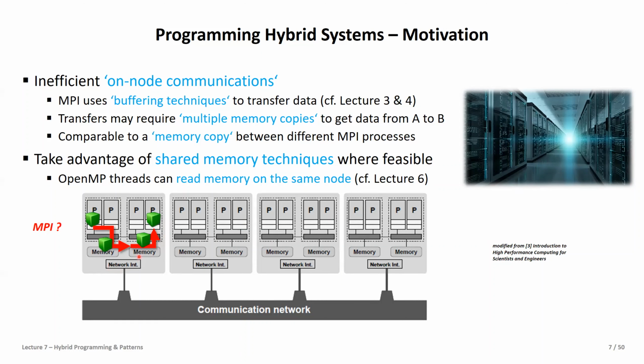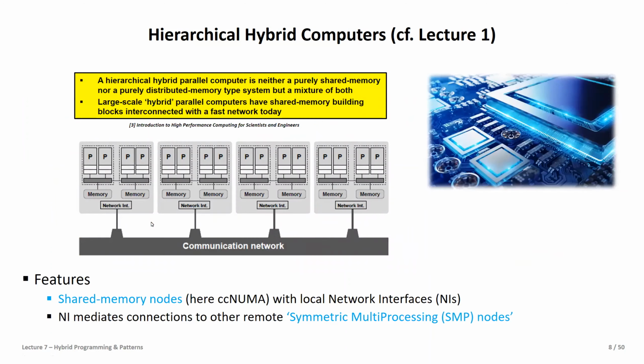Reading and writing from memory is much faster. So this is the motivation: to get the most out of your processors and the computing power you have in a core, you want to exploit this to the most significant degree.